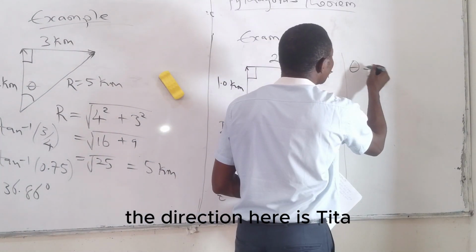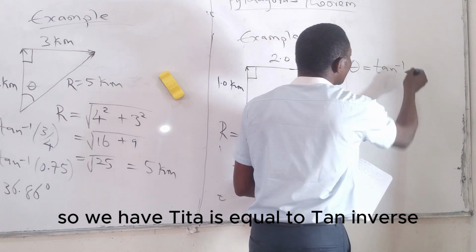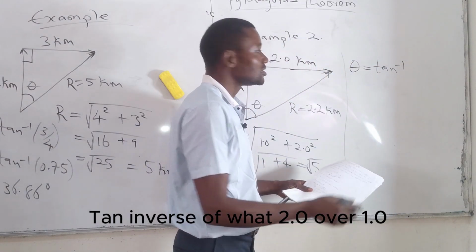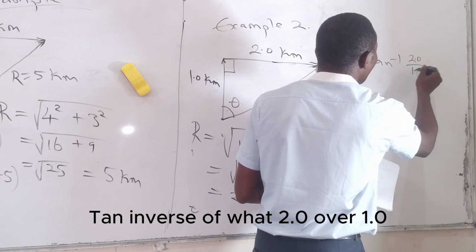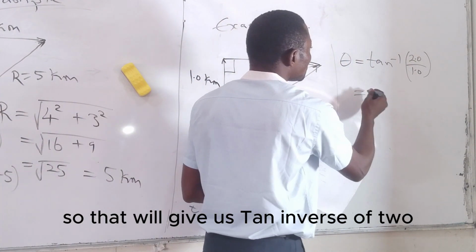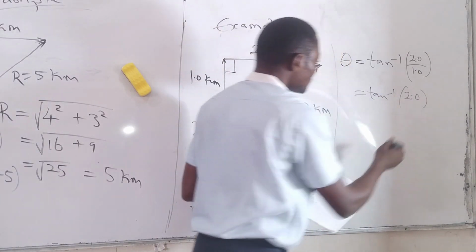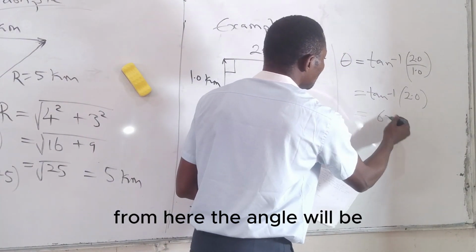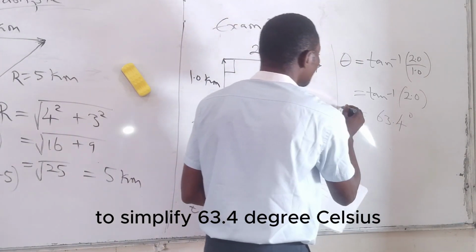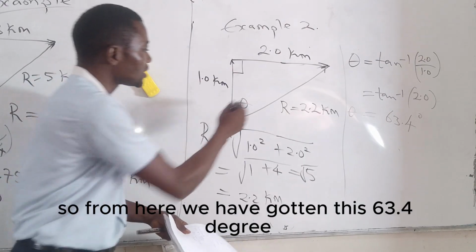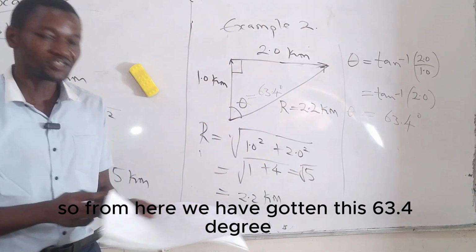The direction here is theta. So theta is equal to tan inverse of what? 2.0 over 1.0. So that will give us tan inverse of 2. From here, the angle, to simplify, is 63.4 degrees. So from here, we have gotten 63.4 degrees.